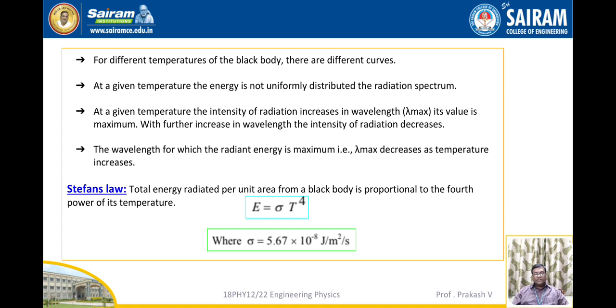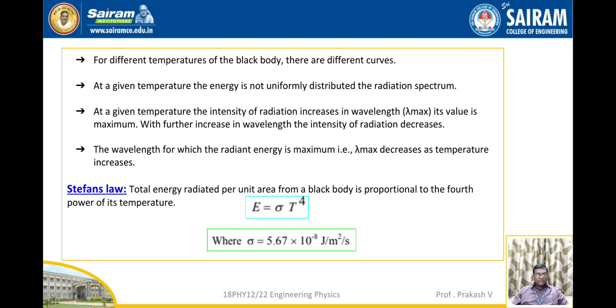With further increase in wavelength, the intensity of radiation decreases. The wavelength for which the radiant energy is maximum, that is lambda max, decreases as temperature increases. So these were some of the characteristics of the radiations emitted from the black body.